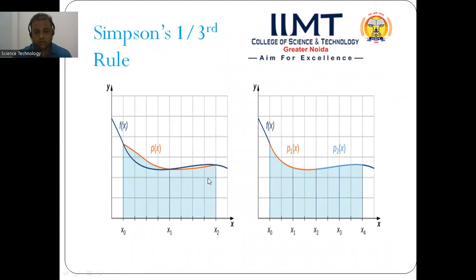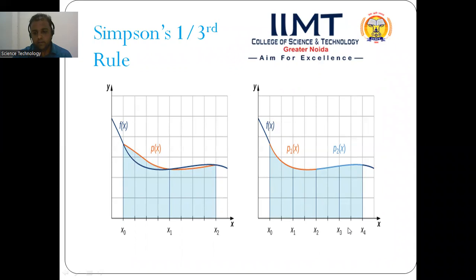So let's understand the picture diagram. In the first case, we partition into only two intervals. To estimate a quadratic equation, we need 3 points. So the 3 points are x0, x1, and x2. But in this case, the area under the curve is overestimated by the given polynomial.